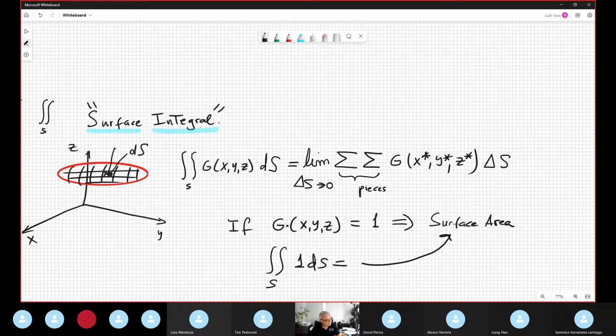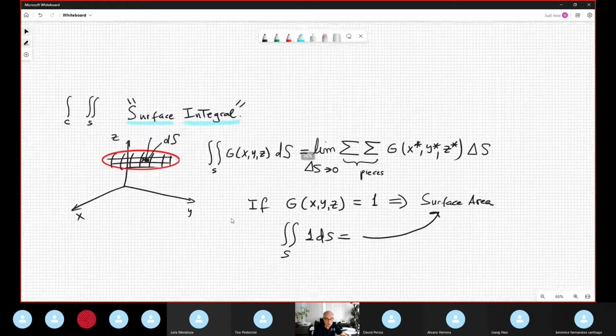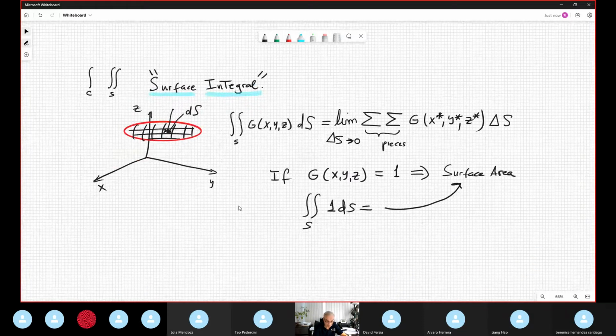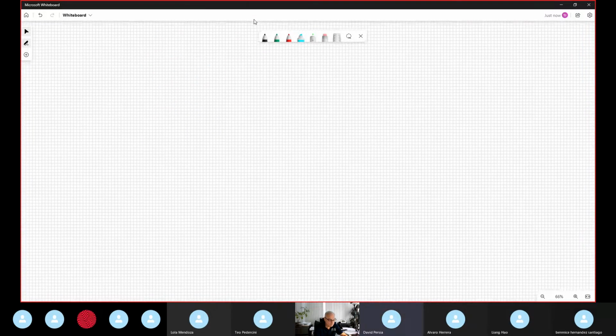Cool. So the interpretation is clear. So, definition, interpretation. Now, how we compute that is the challenge. Clear so far? Yes, it's clear.